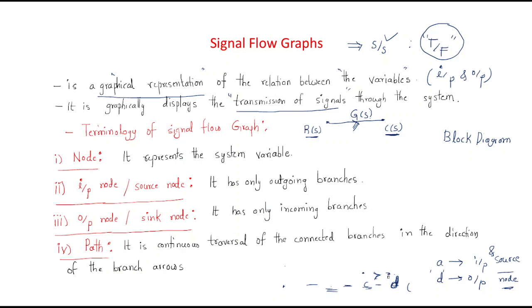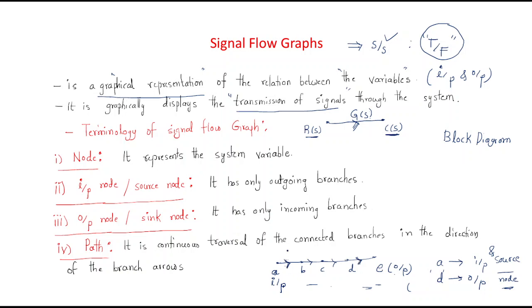For example, we have A, B, C, D, and also E. A is the input for this signal flow graph and E is the output. Why? A has only an outgoing branch, and E has only an incoming branch.